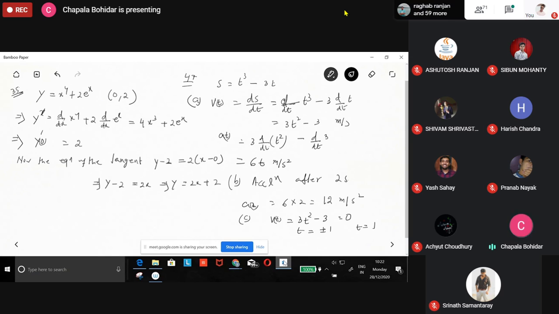Okay. When t is equal to 1, acceleration a(1) is equal to, what do you get? 6 meters per second square. Clear? All of it clear here?